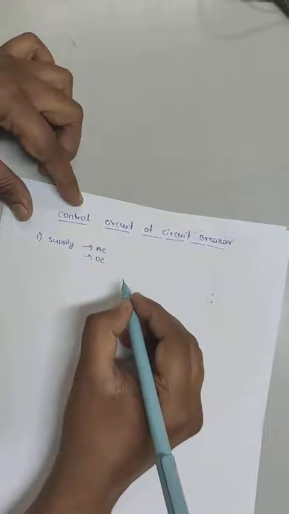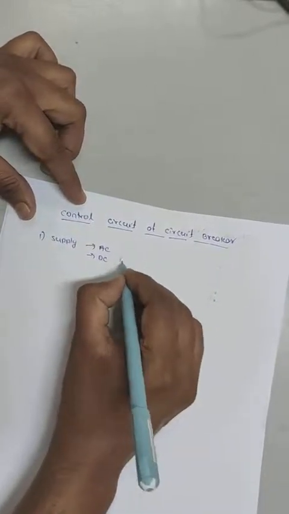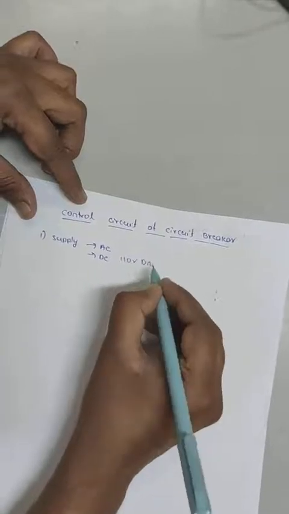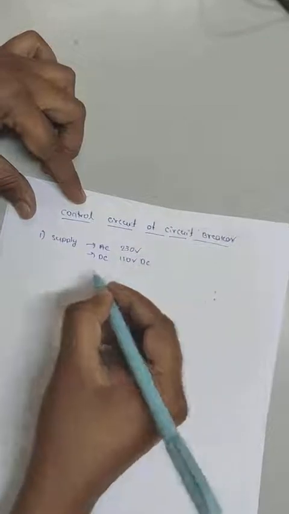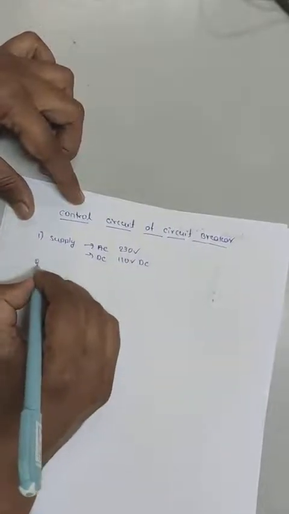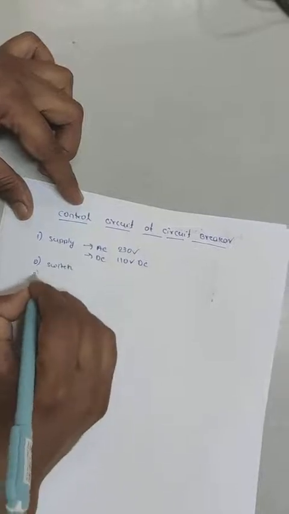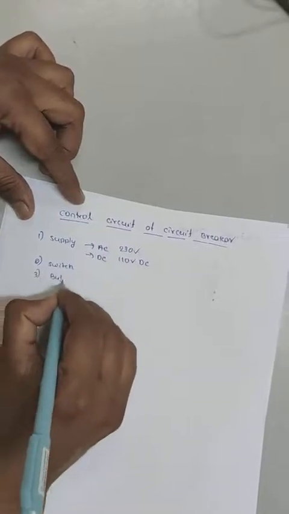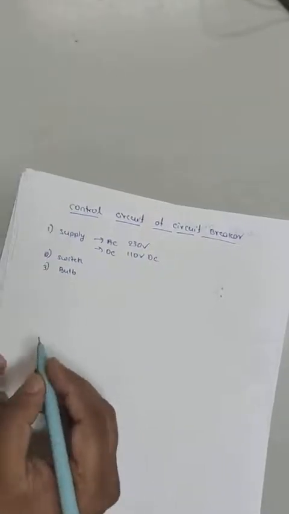Usually in 66 kV and below substations, the control DC voltage will be 110 volts DC, and AC for single phase is 230 volts. Then switch, then bulb. This is the fundamental.